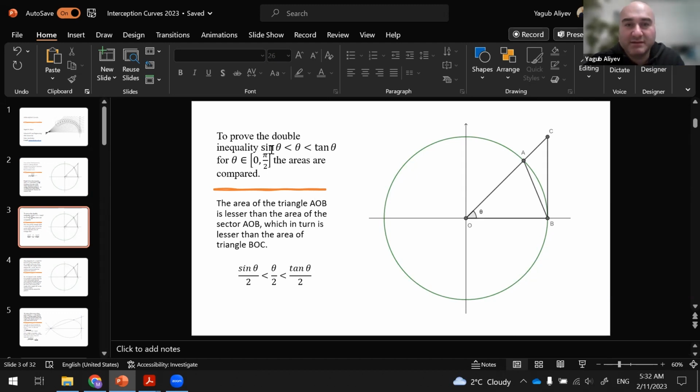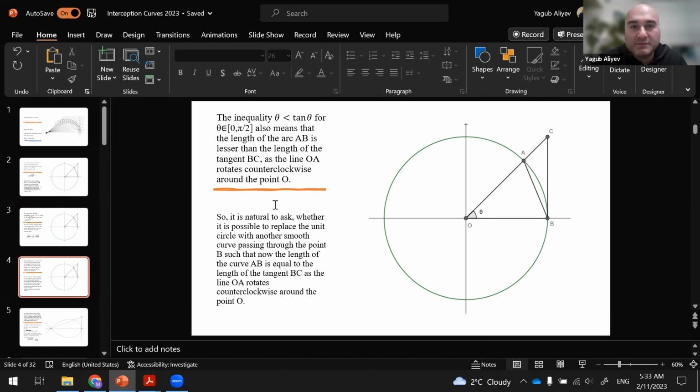Where does the inequality sine theta less than tangent theta come from? It follows from a geometric fact: the area of triangle AOB is less than the area of sector AOB, which is less than the area of triangle COB, which is obvious, because each of these is included in the next one.